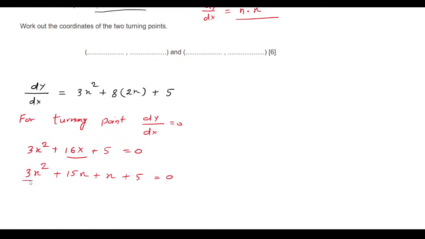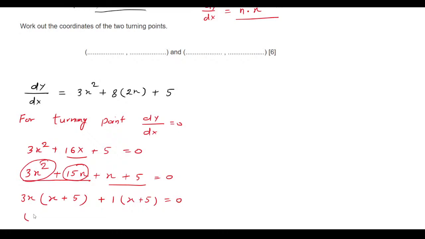Now from these two terms, I will take 3x common. If I take 3x common here, I'll get x plus 5. To get the remaining part, I divide 3x squared by 3x, and I divide 15x by 3x. So I get x plus 5. Now here it is x plus 5 only, so let us take 1 as common. So here we get x plus 5, and now this result is 0.